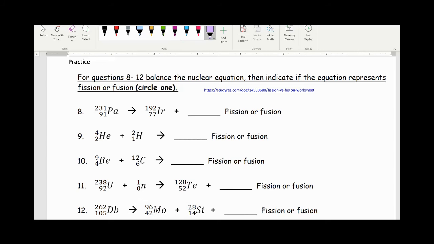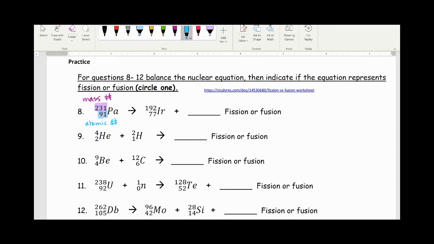Just to remind you right quick, the number on top is what's called the mass number, which is the sum of the protons and neutrons in an atom. And that's what tells you which isotope you're dealing with. Now the number at the bottom is the atomic number. That's the number of protons within an atom, and that helps you identify which specific nucleus, which specific atom it is.